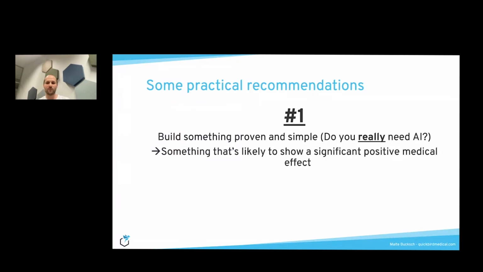If you build something with AI, it's very likely that it's not proven yet, and the result of your study might be that there's no significant benefit for the patient. That's a really bad scenario, because then you need money for another clinical study and need to pivot, and it's very costly, especially in the healthcare sector.